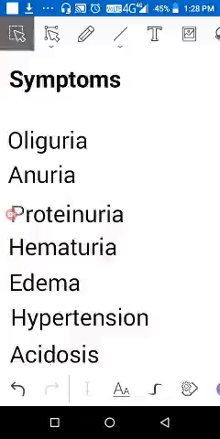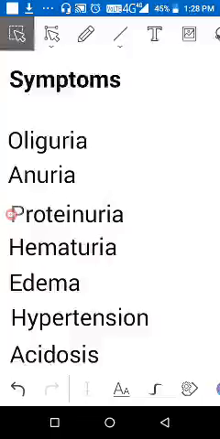Oliguria is the decrease in urine formation or urinary output. Second one is anuria. What is anuria? Anuria is the total cessation of urine formation. If urine formation does not happen in the kidney at all, such a condition is known as anuria.